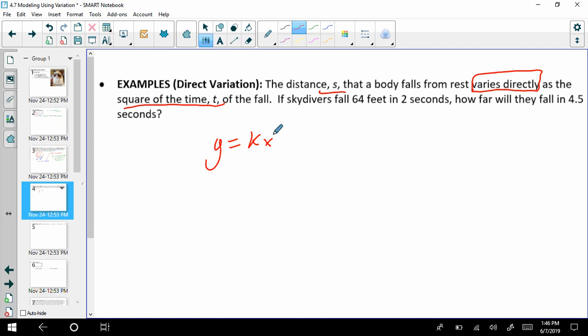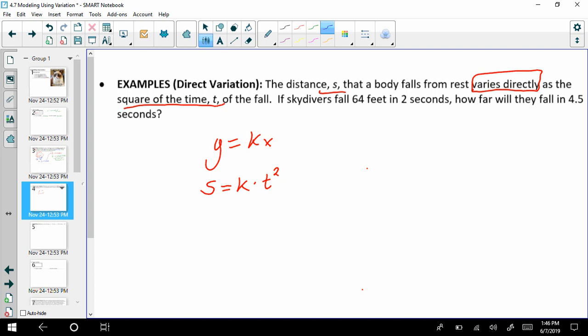However, I'm going to use the variables for this problem. So they said the distance varies directly with t. Now, if you have just this, you're going to get the wrong answer because it says varies directly as the square of the time. The square of the time. So we would actually see t squared.